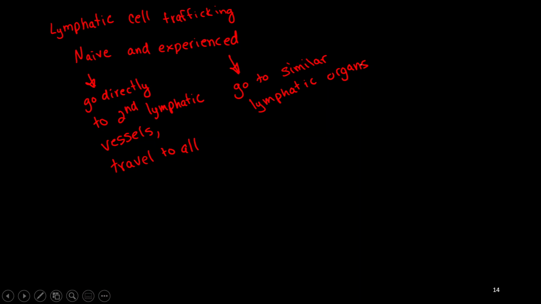You might have an experienced T cell that was activated in one tonsil go to the other tonsil because it's likely going to be a similar type of infection that activated it in those two areas. In addition to this, it also will go to the sites of infection because they can activate cells there where the site of the infection is. So I was talking about T cells. For B cells, it is similar, except you're talking about B cells instead of T cells.